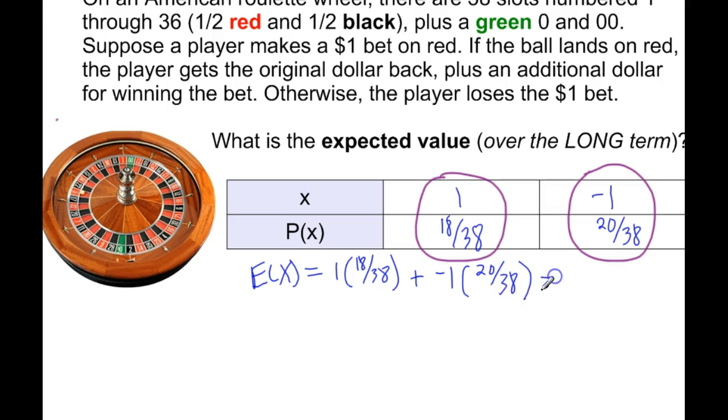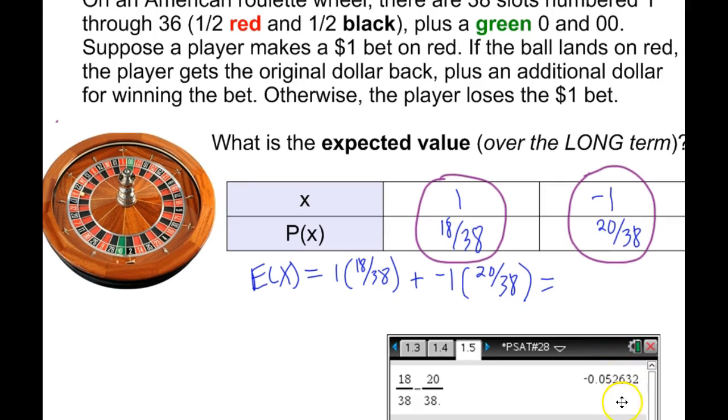You will need to get out your calculator for this one. And you can see here that you lose about 5 cents. It's a negative number, so you know you're losing money, right around 5 cents, 0.053, so a little more than 5 cents every time you spend $1.